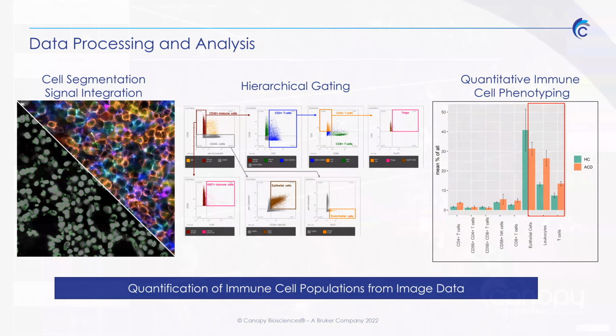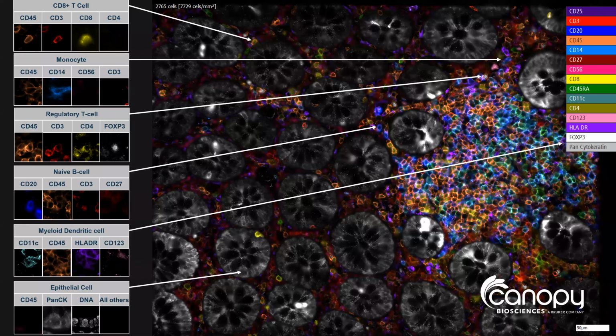There's some other stuff that goes into this as well. Sorry, one more aside just to bring it home. Because we found each of these individual cells, we now have a location in space and an identification of each and every one of the cells in our sample.